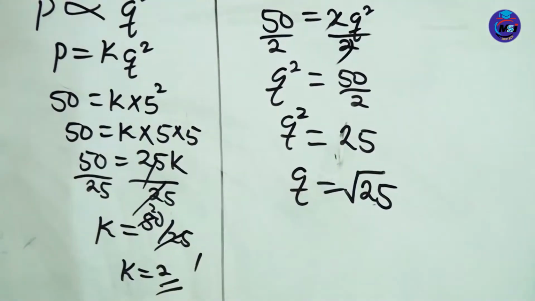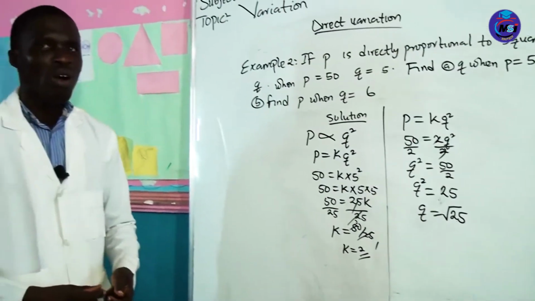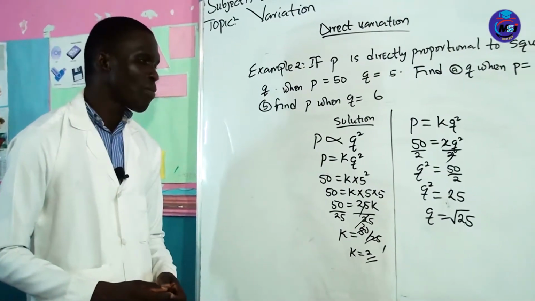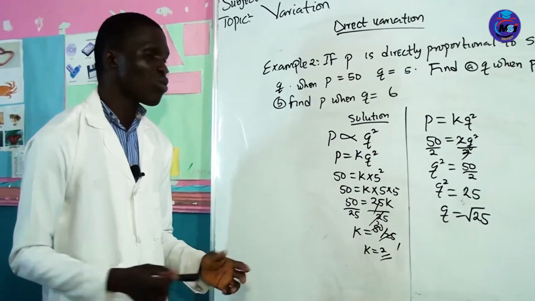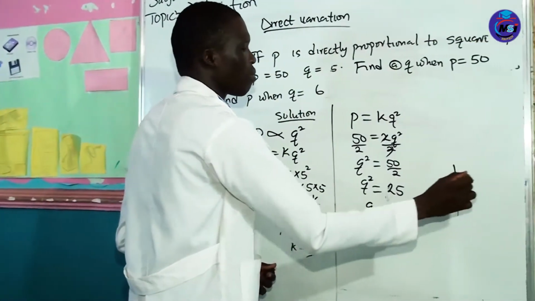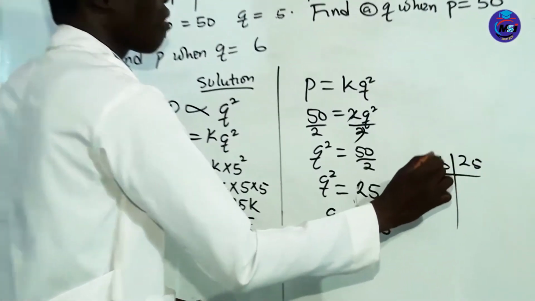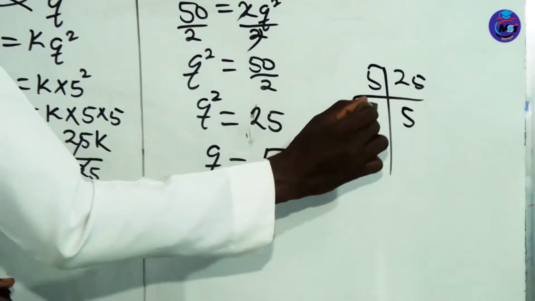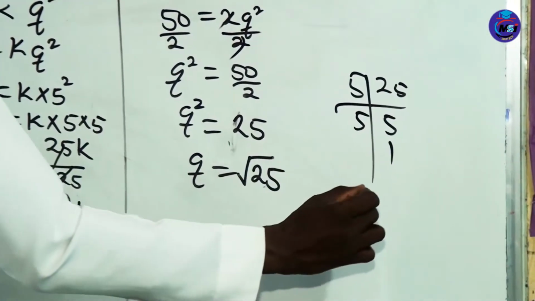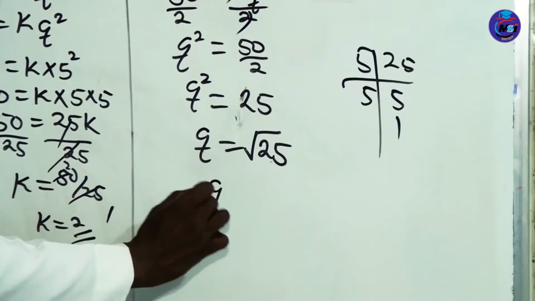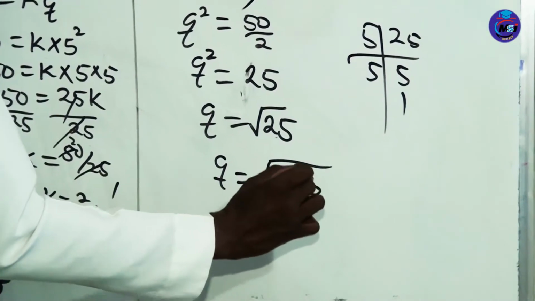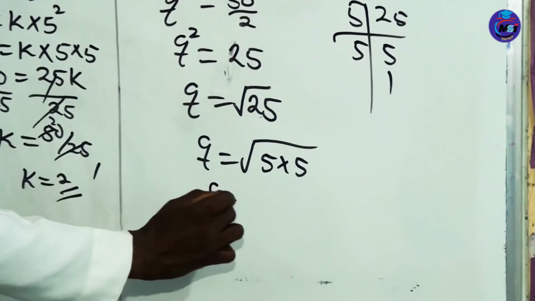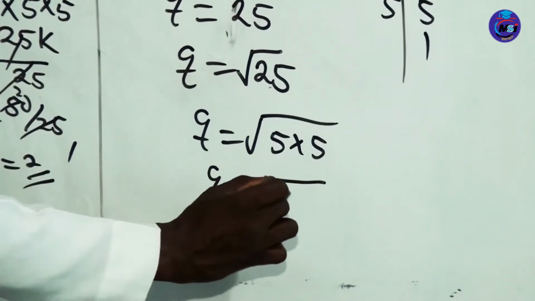So now to find the square root of 25, what are we going to do? We find the square root of 25. 5 and 25, 5. 5 and 5, 1. So it will give us Q equals root 5 times 5, which will give us Q equals root 5 squared.